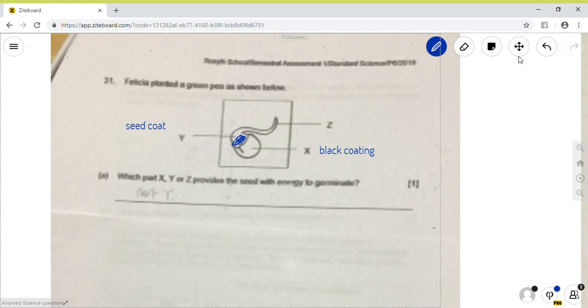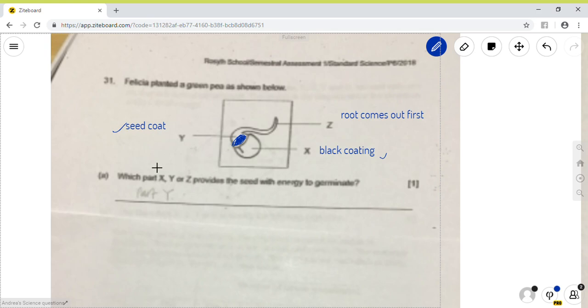Then Z is very vague. I think Z is the root, because the root comes out first, the shoot doesn't. So Z has got to be the root, and X is the extra black color coating. The energy is inside the seed.